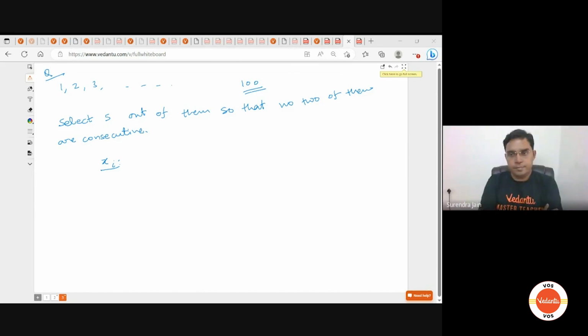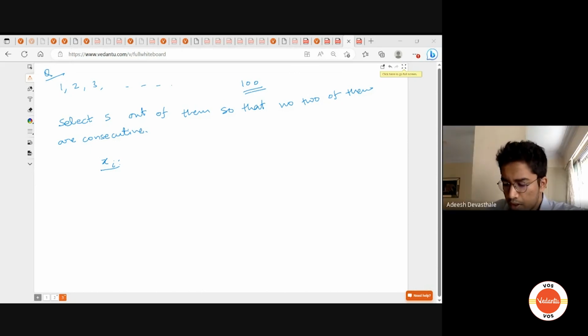That's correct. Now I will transform this equation. I will convert all the xi's greater than or equal to 1 into yi's, such that yi is equal to xi minus 1. That will make my right hand side have plus 4 added to it, which makes it 99 on the right hand side.